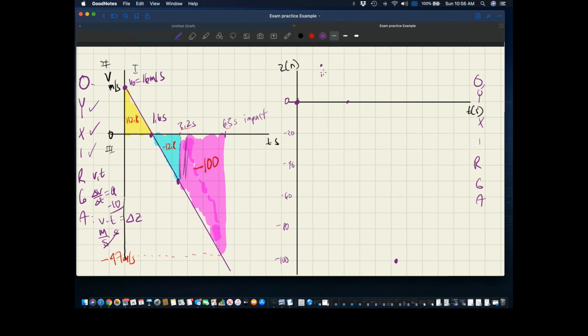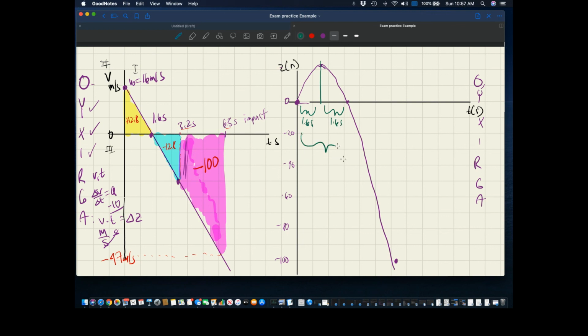It's up here. And so we get our maximum. Oops. Hard to draw that. Like this. And annotating this, now we know this time here is 1.6 seconds.